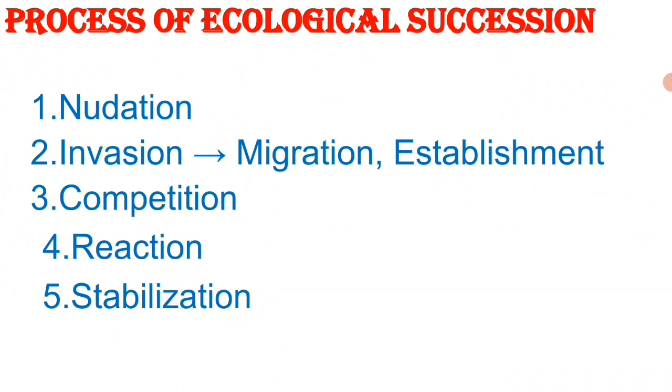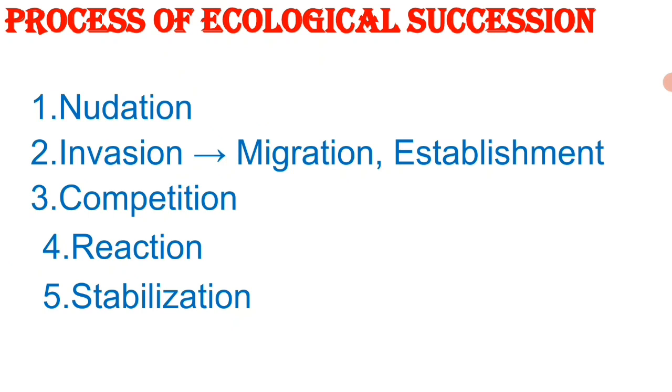So pioneer community means the first group of organisms which establish their community in a new area. Let us consider an empty, bare land area. In that area, an organism first creates its community. We know that a community is nothing but the same kind of species living in a particular area.